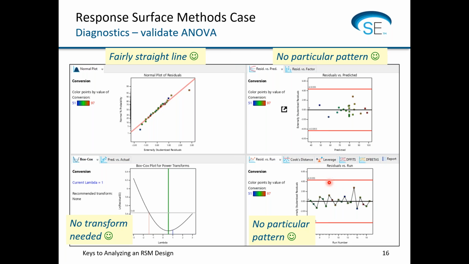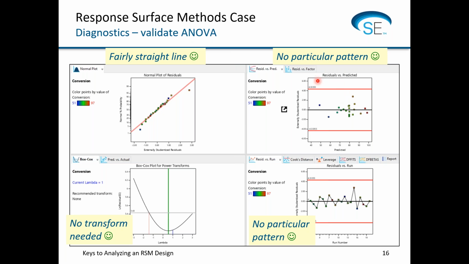In addition, both of these graphs have red lines on them. These are a little test for outliers. And so you want all of your data points to be within the red lines. I don't consider anything to be an outlier unless it's actually outside the lines. So, you know, you say, oh, this is getting close. No, it's not.